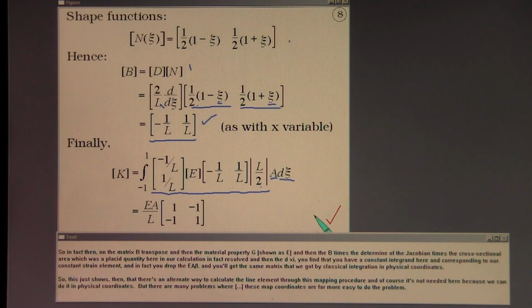So this just shows then that there's an alternate way to calculate the line element through this mapping procedure, and of course it's not needed here because we could do it in physical coordinates, but there are many problems where these mapped coordinates are far easier to use.